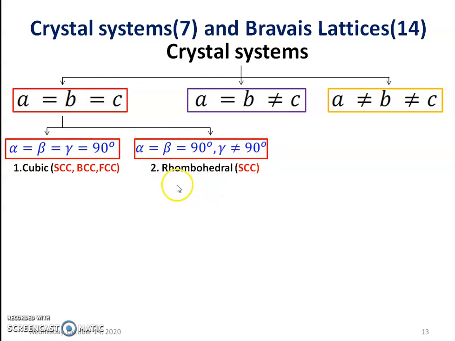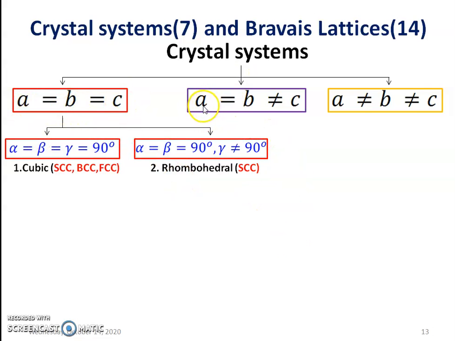Such a crystal system is called rhombohedral, and it has the only Bravais lattice, that is primitive or simple Bravais lattice. So this is about A is equal to B is equal to C.